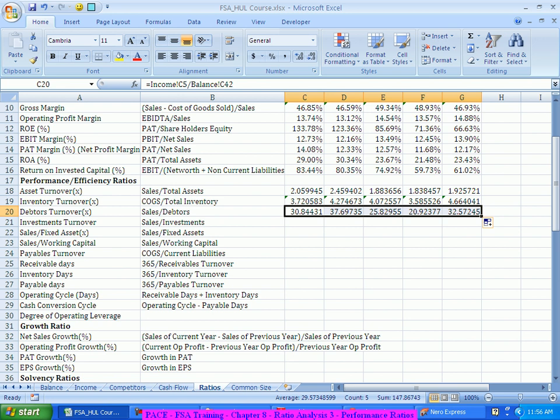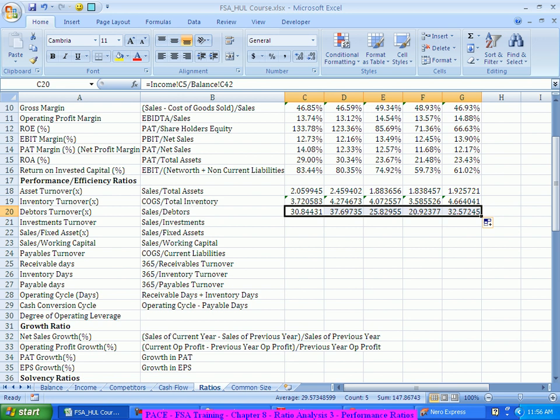So the higher the ratio is, the better it is. Because if the ratio is 50, for every 50 rupees, only 1 rupee is yet to be received, remaining 49 rupees I have received. So even in that case, compared to the last 2 years, it has very much improved with respect to its receivables management.